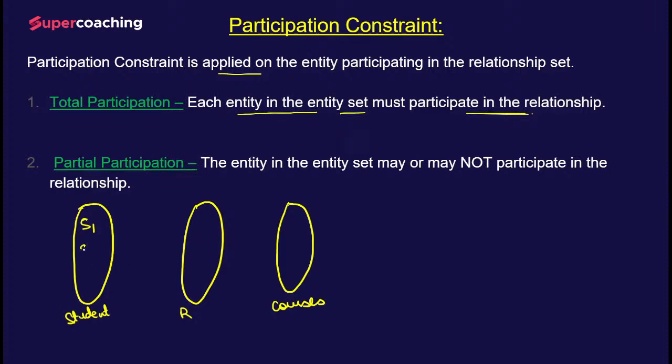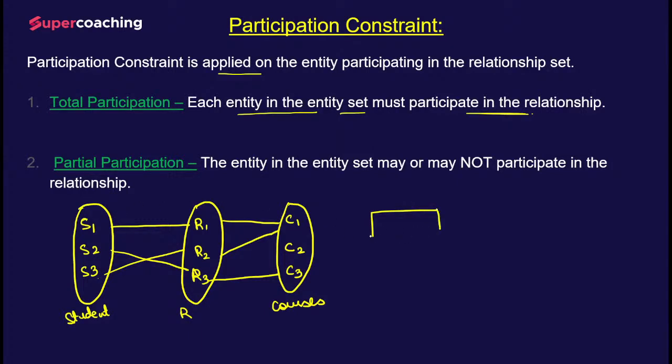Let us assume that there are three students and all the students are enrolled in some course. Let us assume that student 1 is enrolled in course 1, student 2 is enrolled in course 1, course 2 and course 3. If you see here, all the students are participating in the relationship. All the students are enrolled in some course. So we can say that this side we have the total participation.